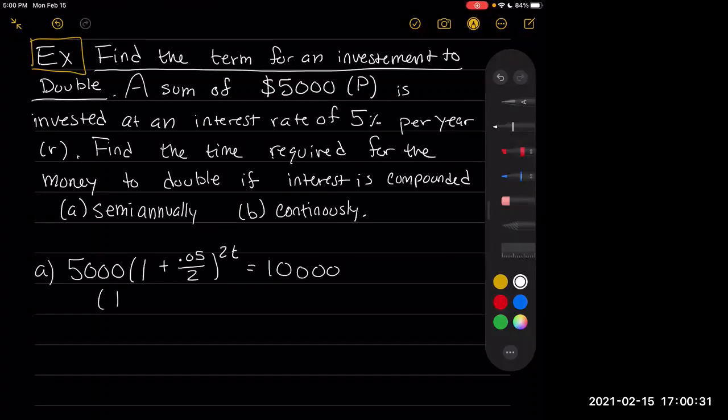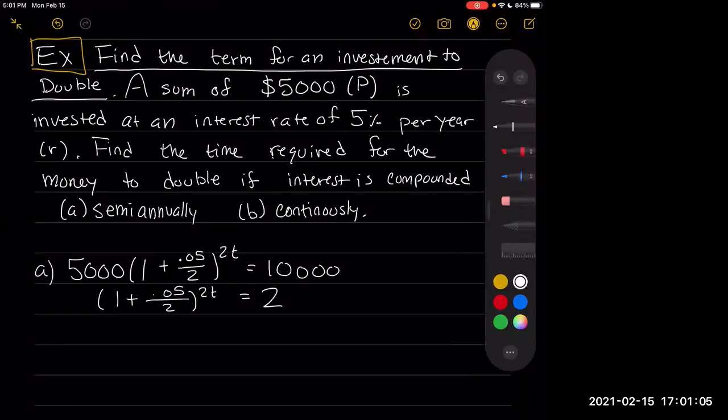So we get 1 plus 0.05 over 2 raised to the 2t equaling 2. And now we're going to take the log of both sides. I'm going to use the natural log just because I like that one a little bit better, but y'all could use any log base. I just like the natural log because it's one less letter to write, and for me, that's just really nice.